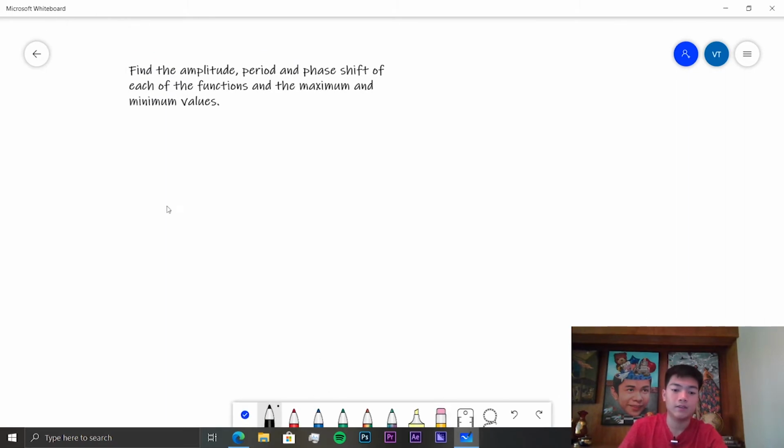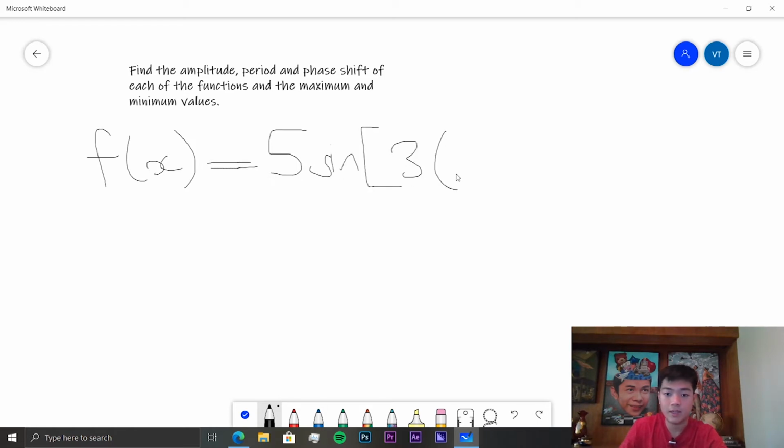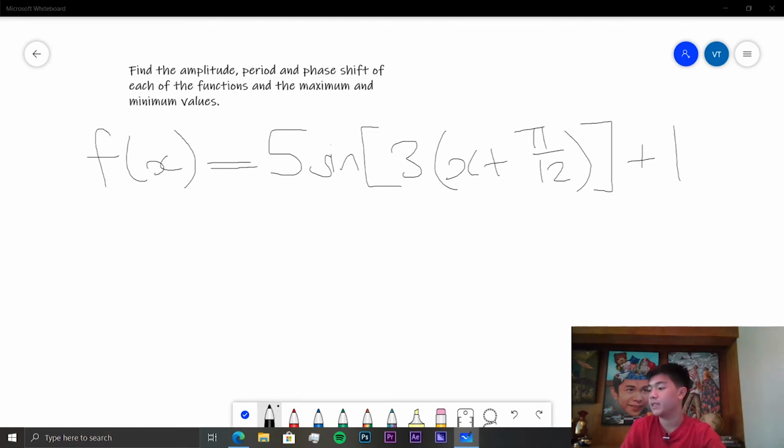And so the first function, the only function, since I'm doing 1, is 5 sine of 3 times x plus pi over 12, plus 1. So that is going to be our first function.